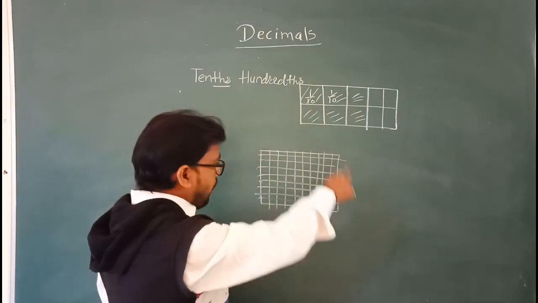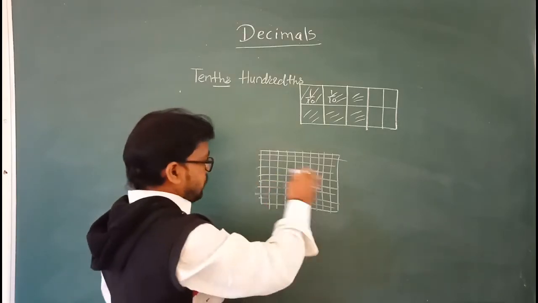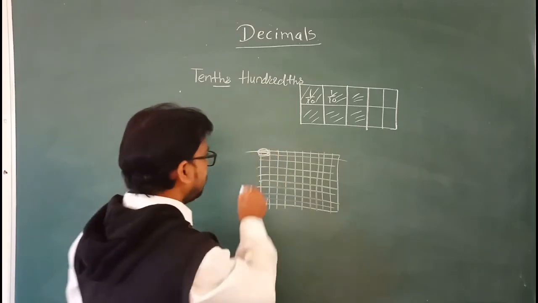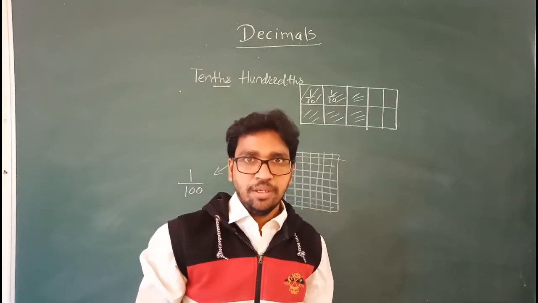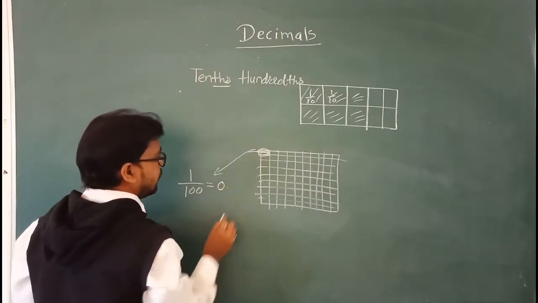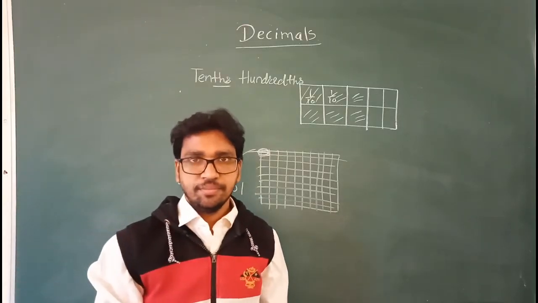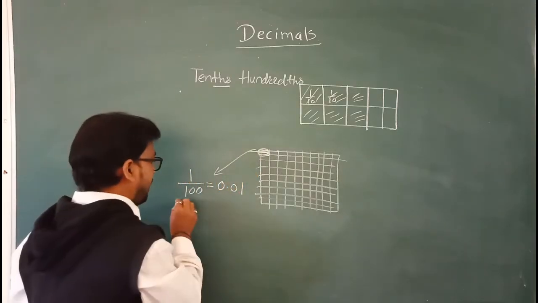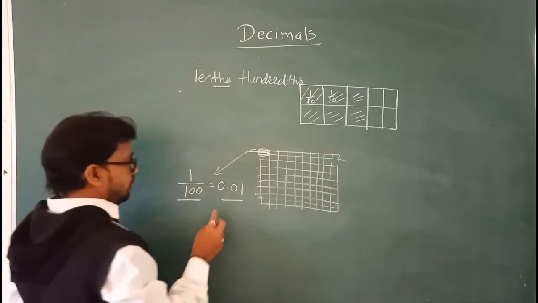Suppose one chocolate is there and I made 100 equal parts of it and took only one bite, one part. So it is nothing but the 1/100, hundredth part. Now hundredth part means in a decimal it is 0.01. It is in a fraction and it is in a decimal. Okay. So 0.01 is what?